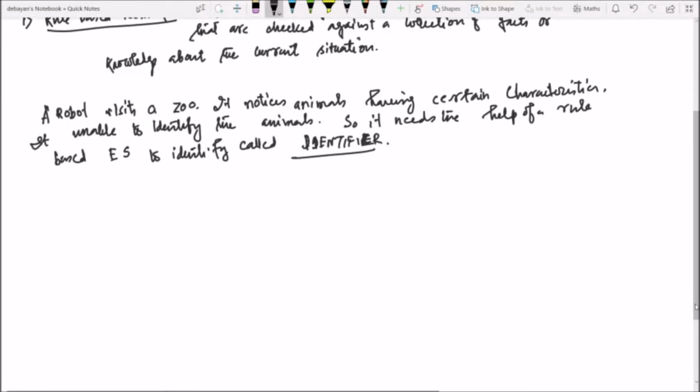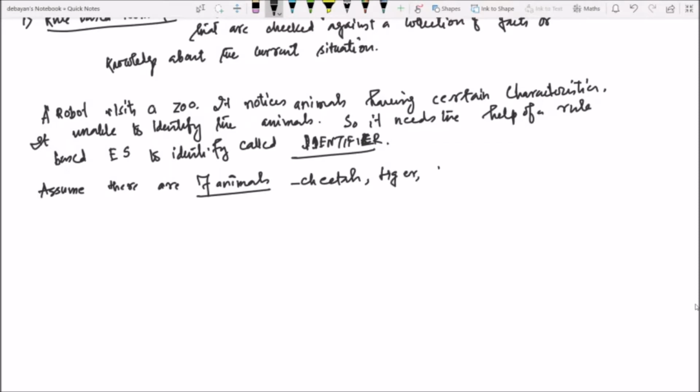Assume there are 7 animals: cheetah, tiger, giraffe, zebra, ostrich, penguin, and albatross.